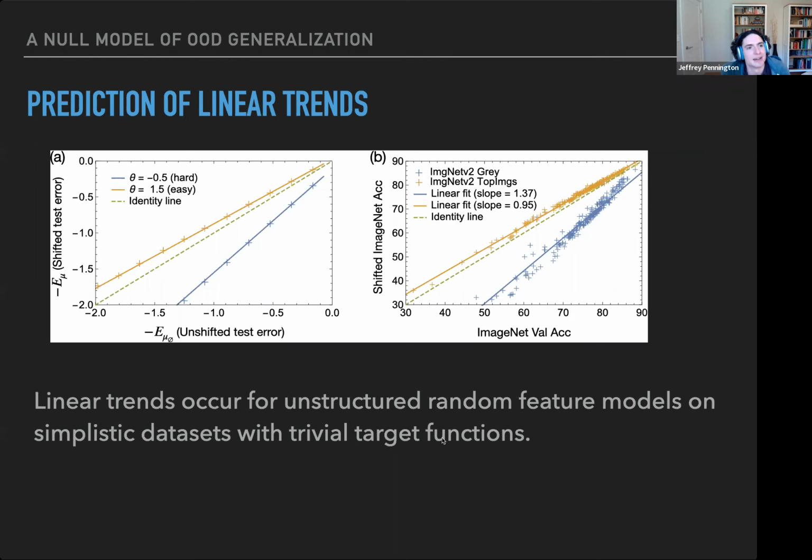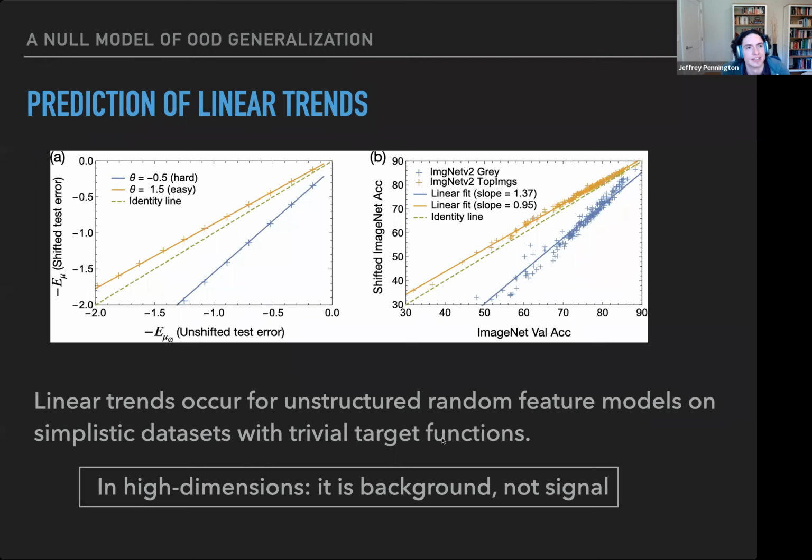For a similar reason, I might argue, although perhaps with slightly less evidence, that these linear trends are not really interesting in the sense that they follow from a trivial model in high dimensions. So you might think of it as background.